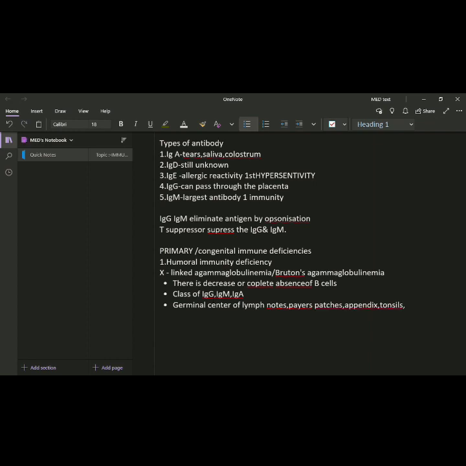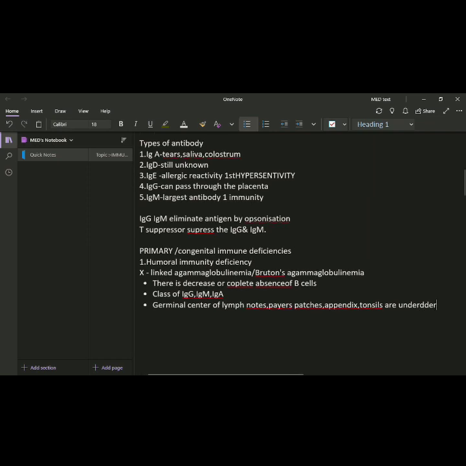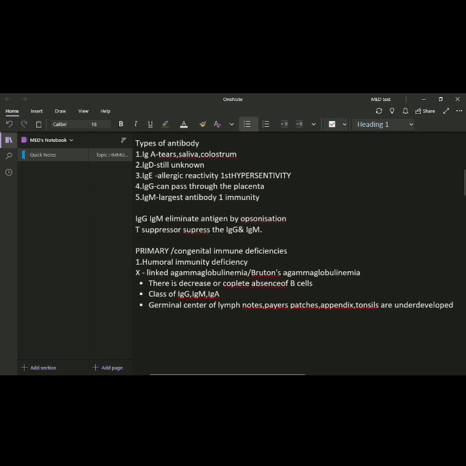These all are underdeveloped. Alright. The T cell over here will be absolutely normal. T cell presents to be normal.